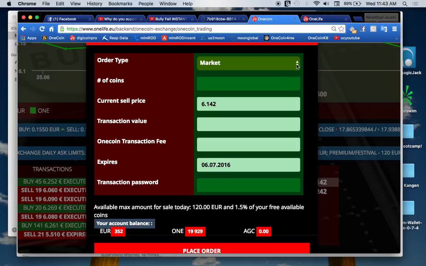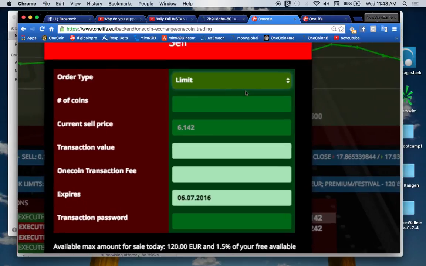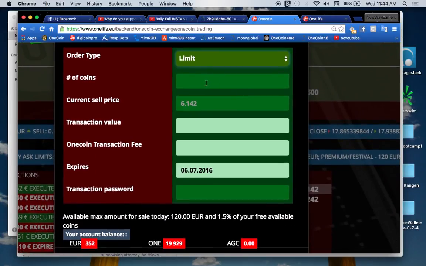So what you do for this is really, really simple. Let me just zoom out here. You want to go to limit. Okay, see, it's at a limit order now. So now you get to choose the price.